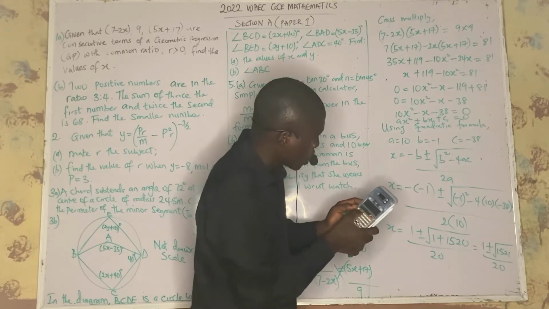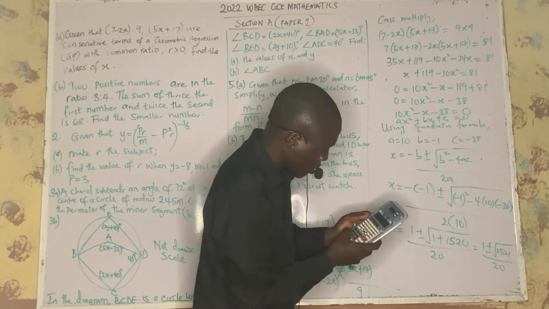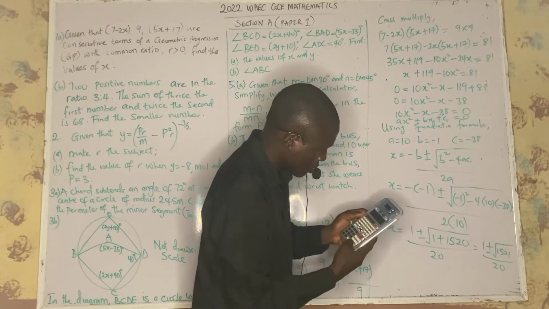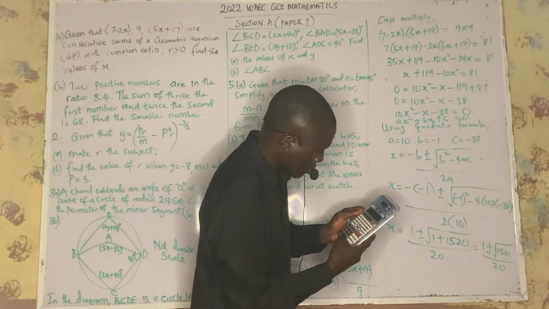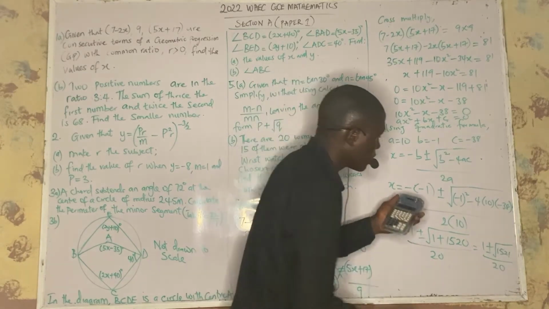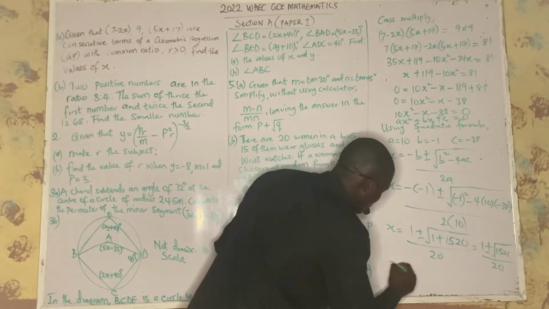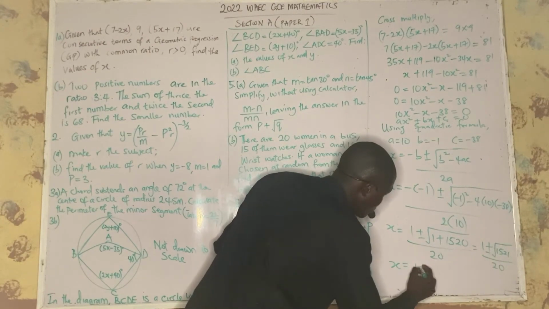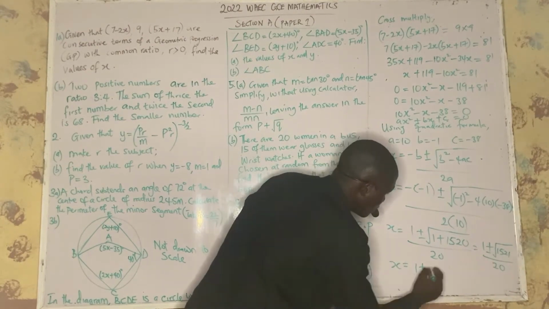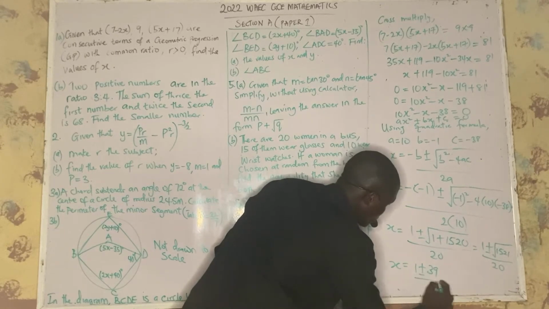So now the square root of 1,521 is 39. So x will now be equal to 1 plus or minus 39 over 20.